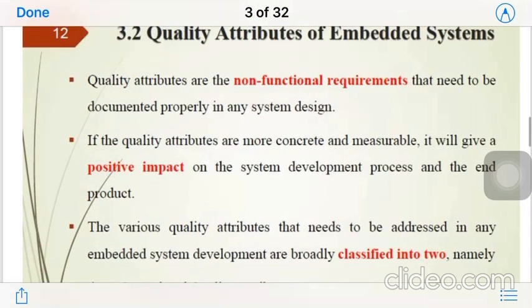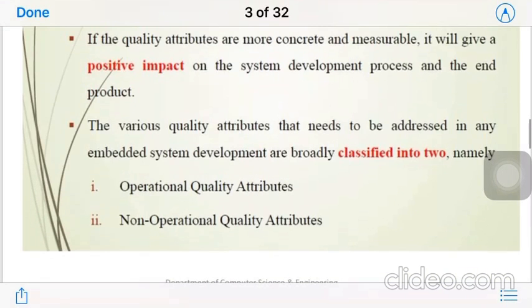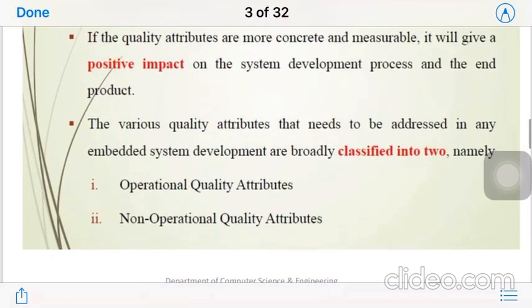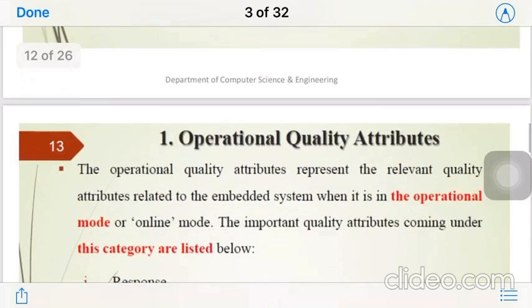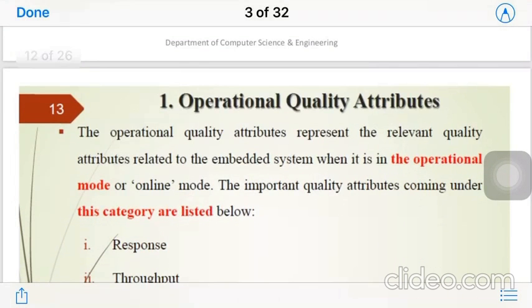Okay, so the various quality attributes that need to be addressed in any embedded system development are classified into two categories: operational quality attributes and non-operational quality attributes. Let's first discuss the operational quality attributes.